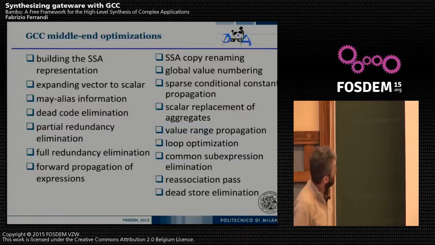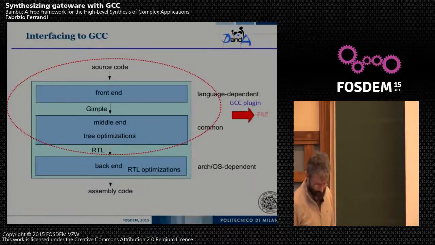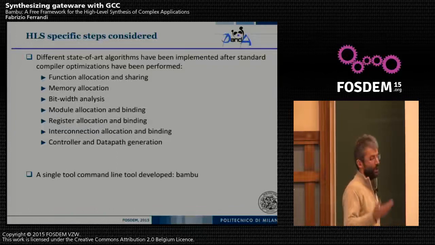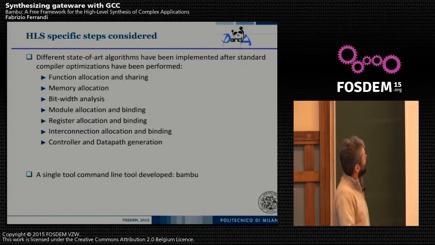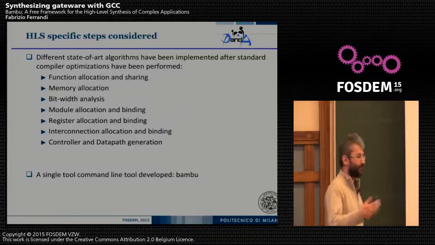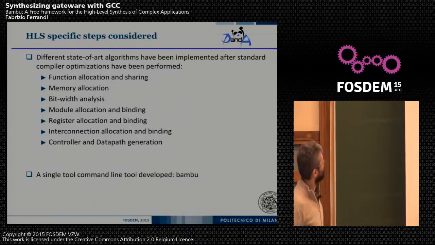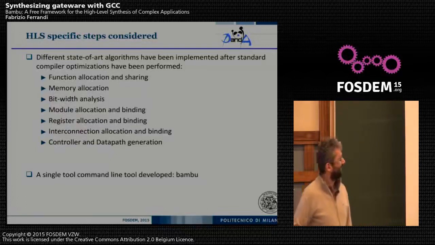So we developed a plugin that extracts this middle intermediate representation and serializes it in a file, and then we build over it all the things needed to optimize and generate the hardware. I mean, there is function allocation and sharing, memory allocation. In hardware, you need to perform some analysis to understand the bit size of the wires and so on. Module allocation, register allocation, and generating a controller and data path.